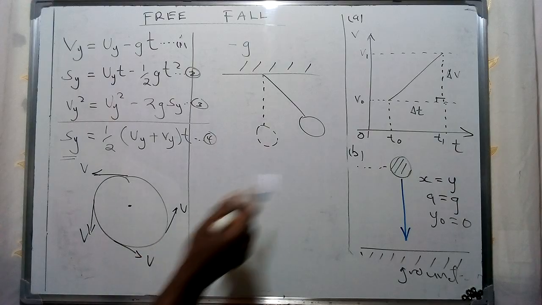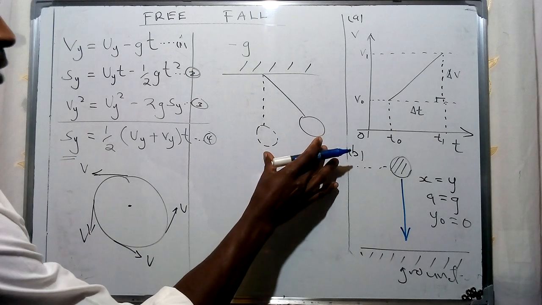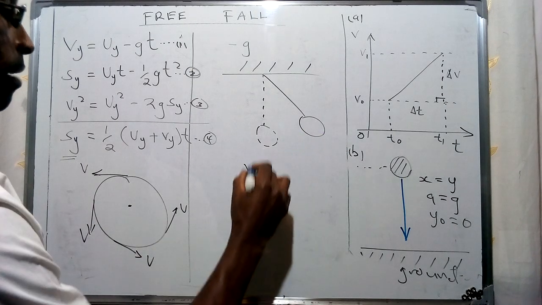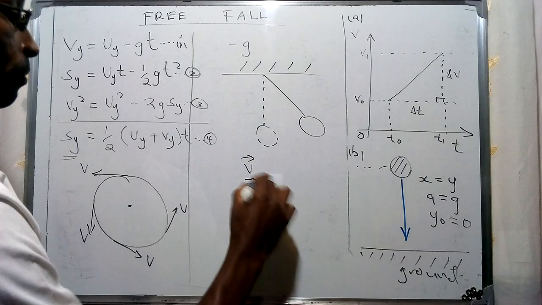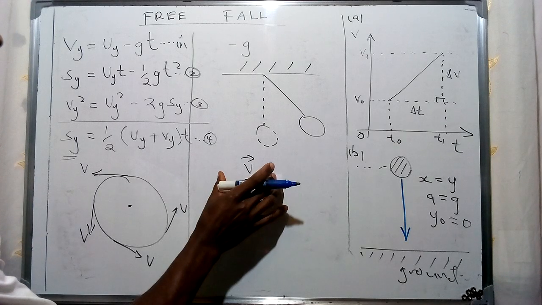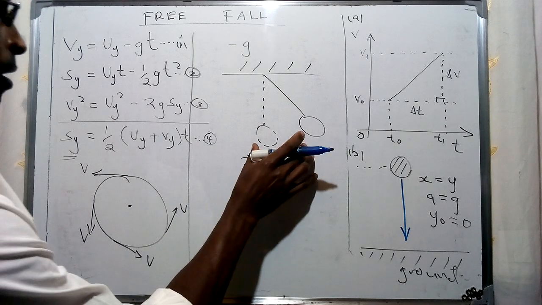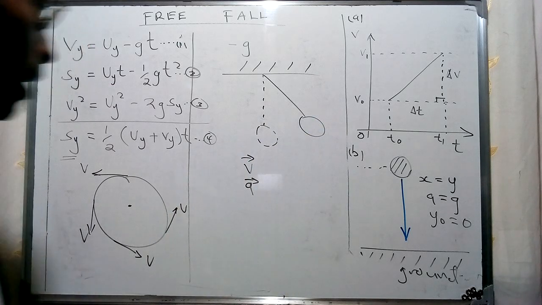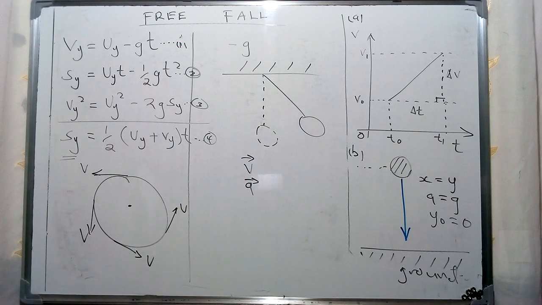If we try to describe the velocity component and acceleration in this particular case, this is going to be one of the examples whereby we have acceleration and velocity having, of course, opposite directions, as I've mentioned.